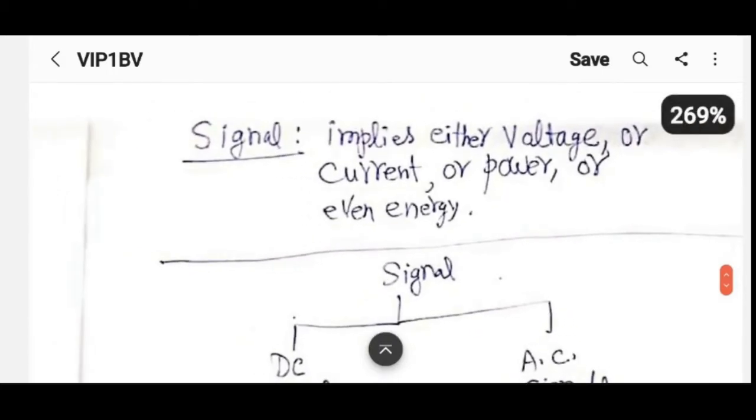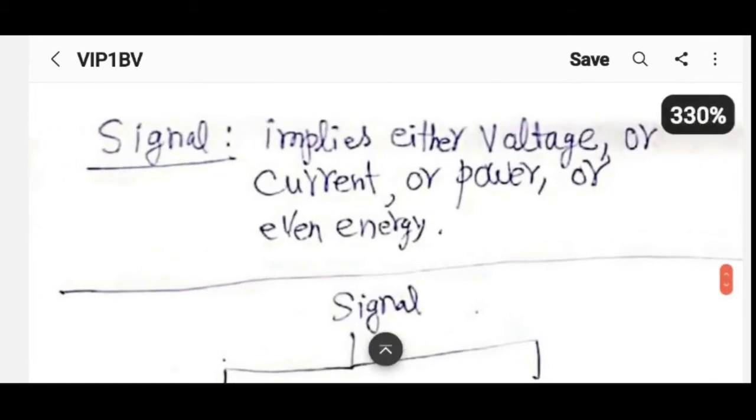Now, moving forward, though we don't have a lot of time left today, as I said, the word signal will be used a lot, which means either current or voltage or power or even energy.